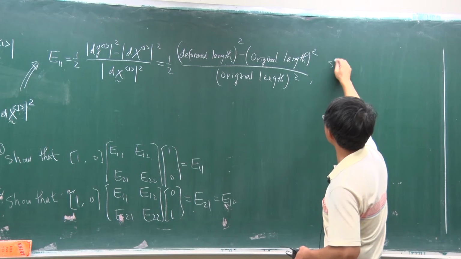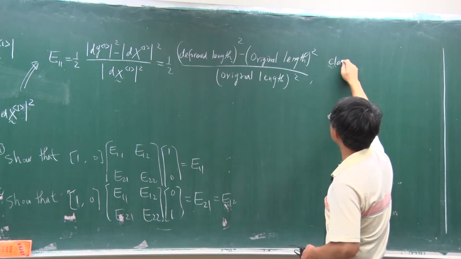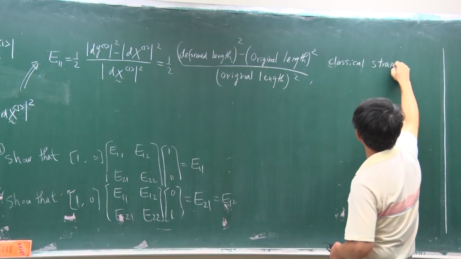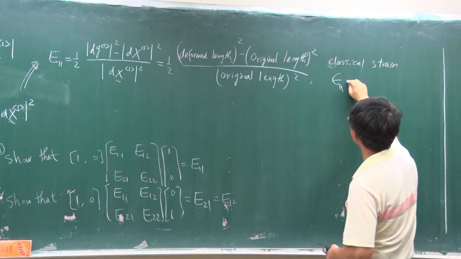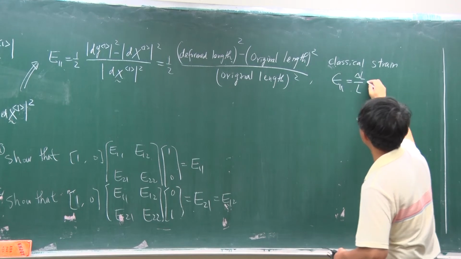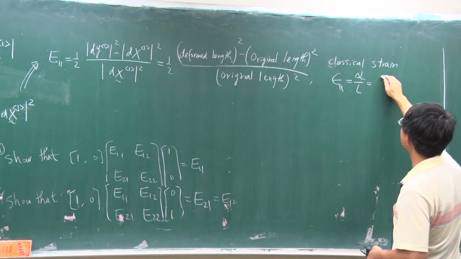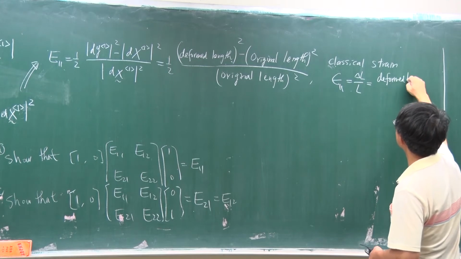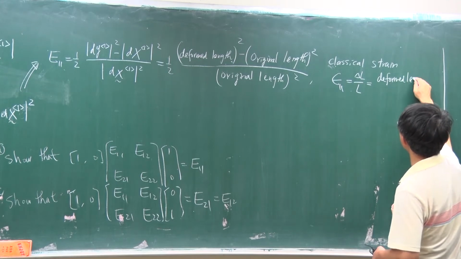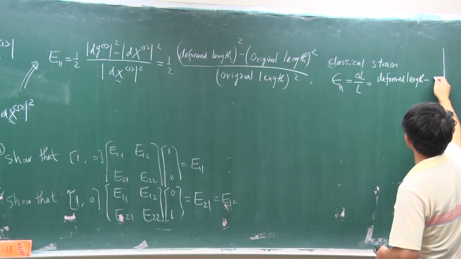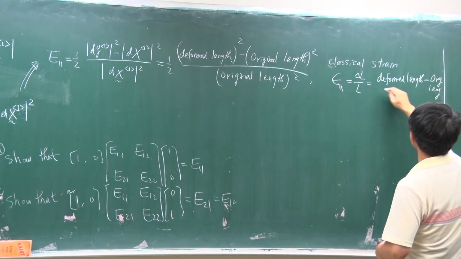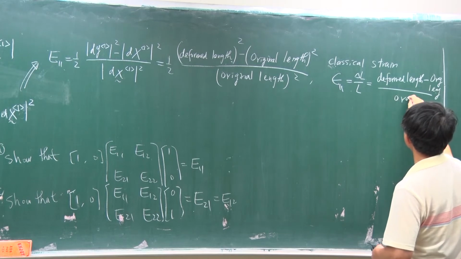For the classical strain, deformed length minus original length, plus original length.